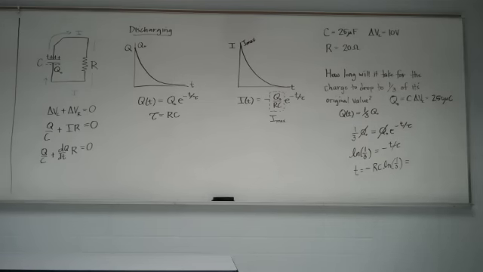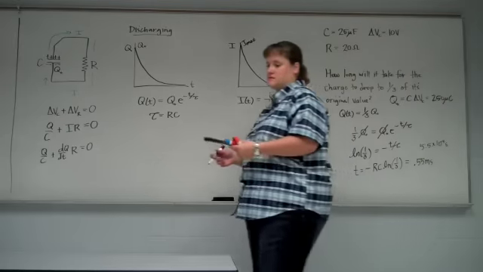R is 20, C is 25 micro, times the natural log of 1/3. It comes out to be 5.5 times 10 to the negative 4 seconds, so 0.55 milliseconds.